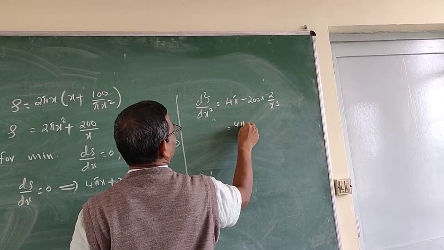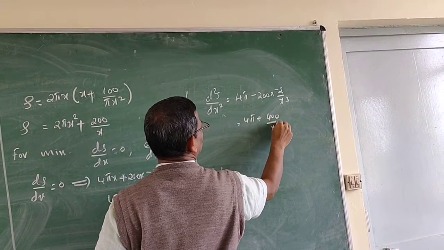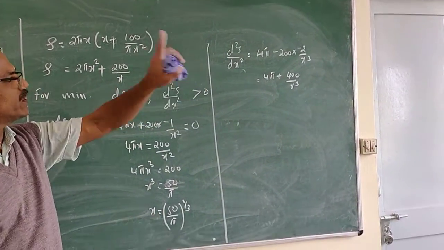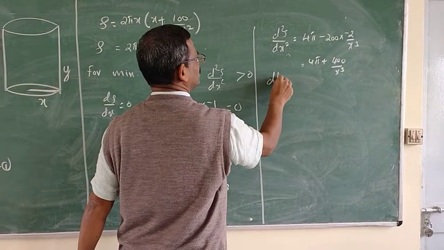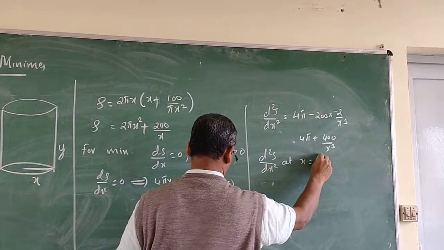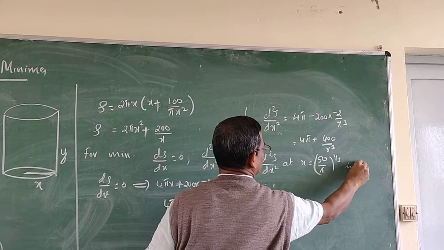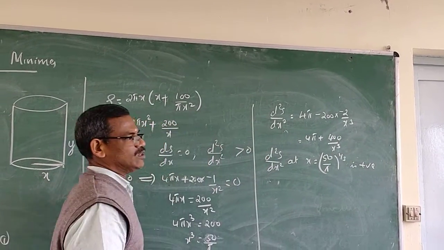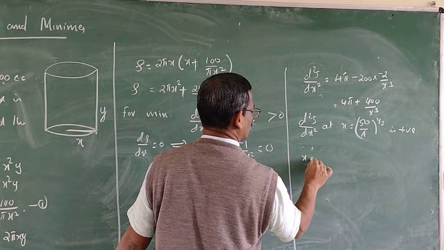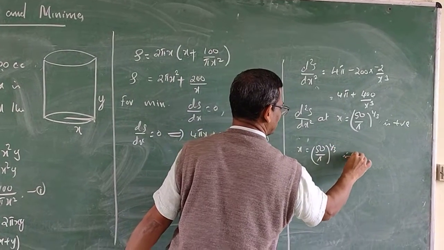So it is 4 pi plus 400 divided by x cube. All positive only. When you substitute this value of x there, you will get positive. So directly I say that d square s by dx square at x is equal to 50 by pi raised to 1 by 3 is positive. So when that value is positive, it is a minima. So x is equal to 50 by pi raised to 1 by 3 is minima.